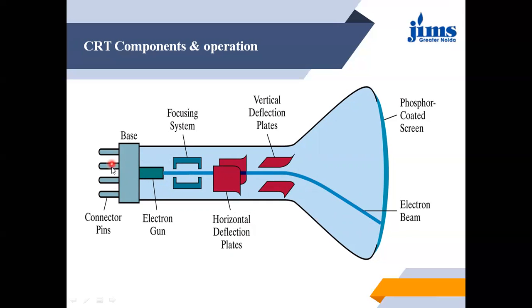These are the connectors that are used to give the input in the form of electricity, and this is the base. When the coil inside this is heated, meaning the element is heated, then electrons are produced from the electron gun.